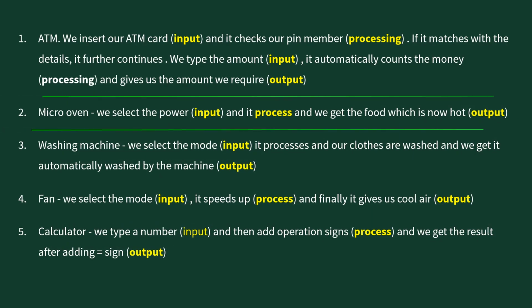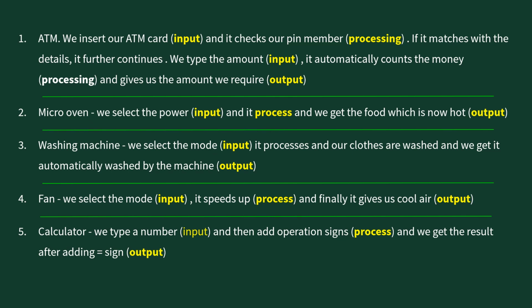Now children, let's look at some examples which involve technology. For example, the ATM machine. We insert our ATM card and then we type the PIN number. It processes it. If the details match, then we type the amount. It automatically counts the money and gives the cash. Microwave oven. We select the power and it processes and we get our food hot.